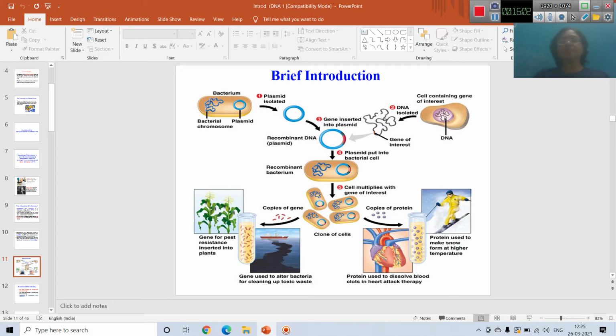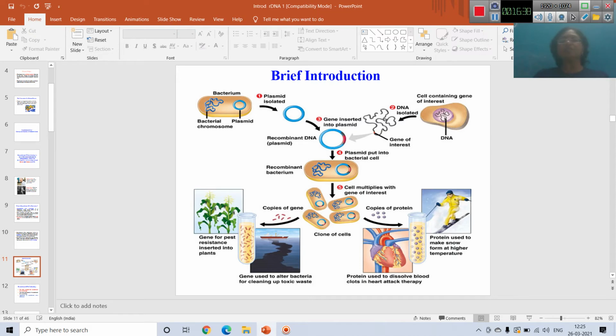Or this gene can be used to alter bacteria for cleaning up toxic material, or for cleaning up petroleum or oil spills in the oceans, etc., or to clean up the xenobiotics or the aromatic hydrocarbons usually found when oil spills occur, because through the sea only, or through the oceans only, the oil barrels are moving from one country to another, because export is usually carried out by waterways and not from the landway or the airway.